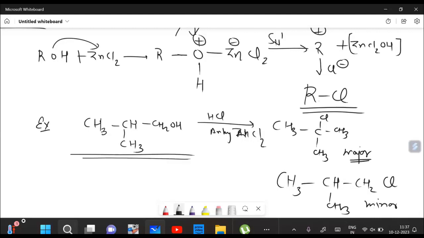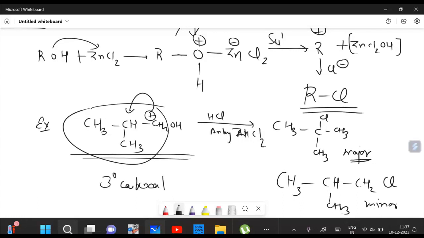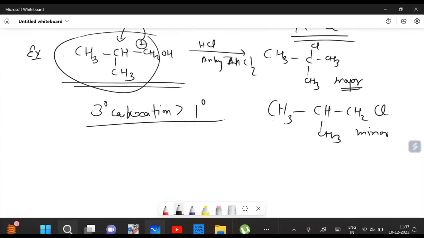So rearrangement will occur: the carbocation forms and the carbocation will rearrange itself, since there is a positive charge here which will come here, and 3 degree carbocation is more stable than 1 degree, so rearrangement occurs. I hope you are able to understand this. So in case of low concentration of ZnCl2, there will be no rearrangement.